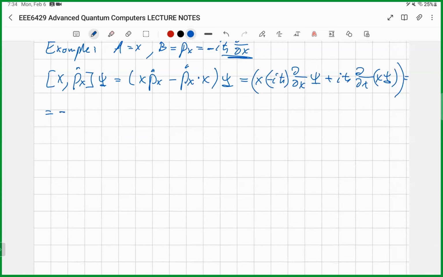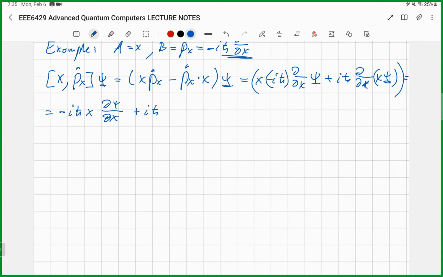So the first term is minus i h x dpsi/dx, and I cannot simplify it further. But the second one, this plus i h, is d/dx of x times psi.